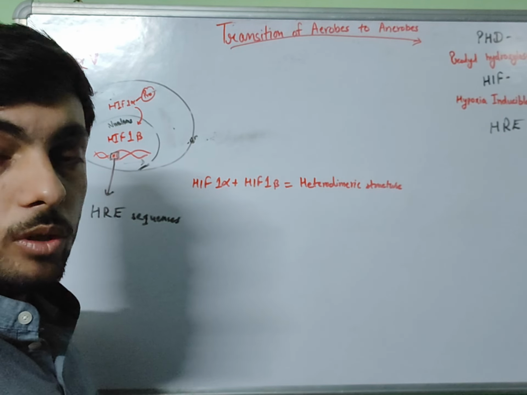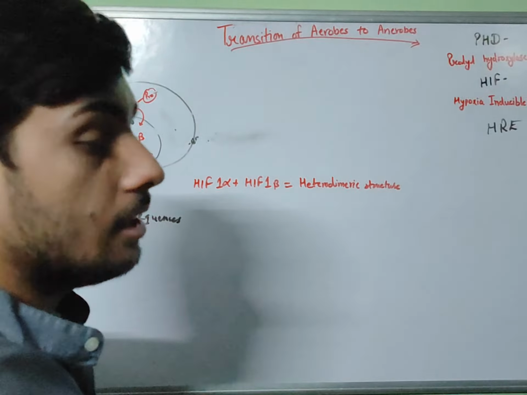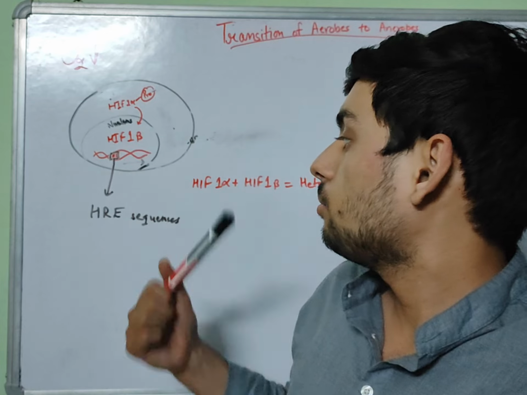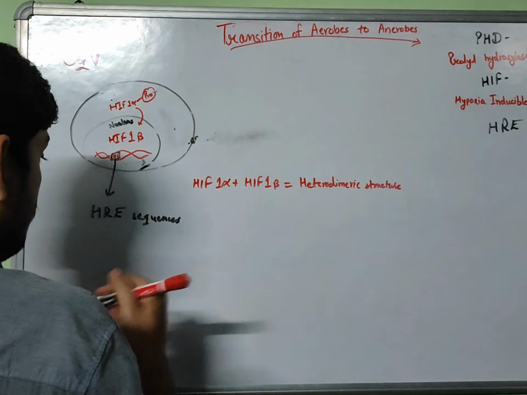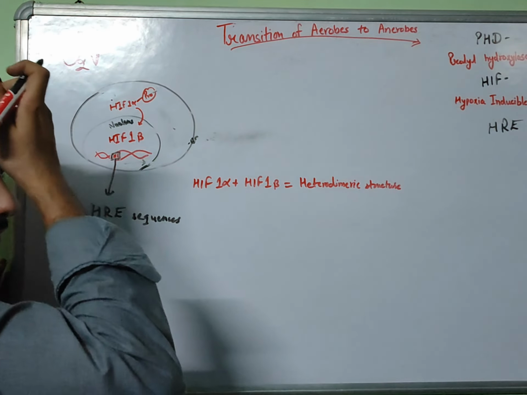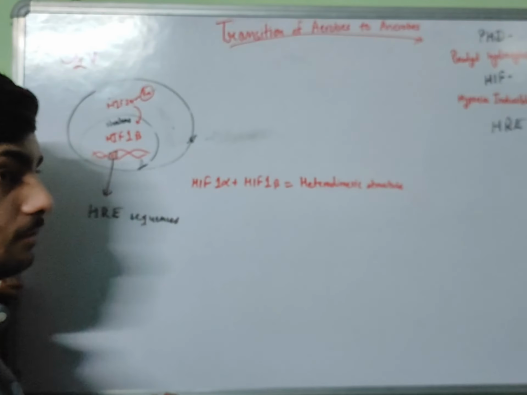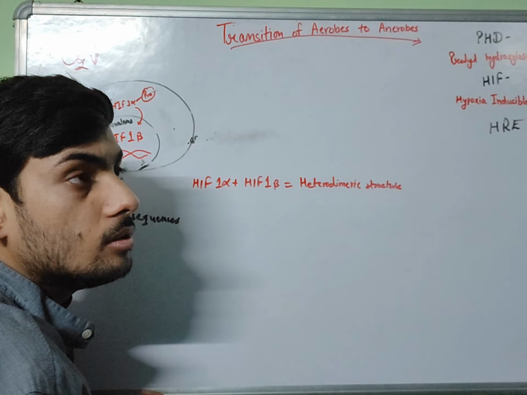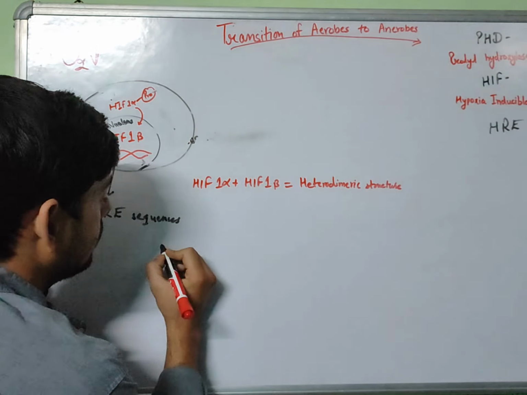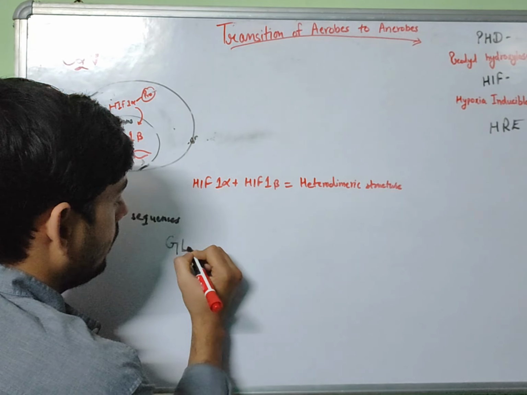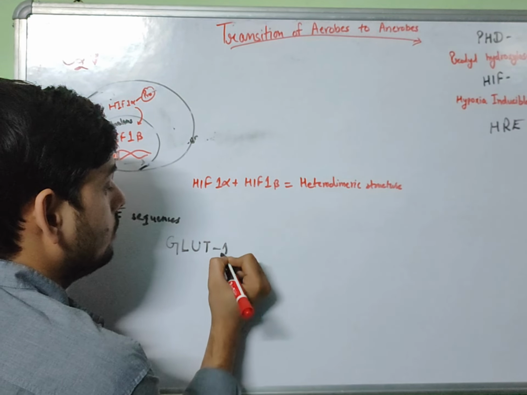Now we will study what changes can occur when it is going to convert itself into anaerobic condition. First of all, when the oxygen level drops, the first things which are going to be translated are the GLUT transporters, GLUT1.